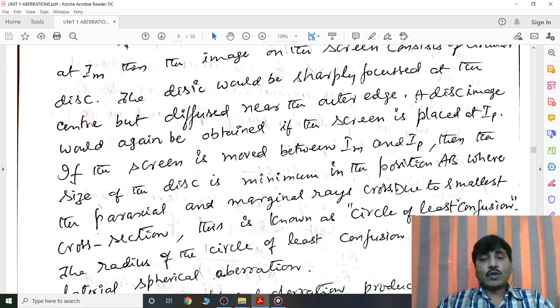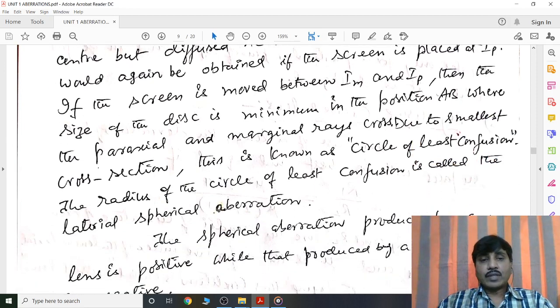If the screen is moved between IM and IP, then the size of the disc is minimum in the position AB, where the paraxial and marginal rays cross each other. Due to the smallest cross section, the disc image is known as the circle of least confusion. The radius of the circle of least confusion is called the lateral spherical aberration.